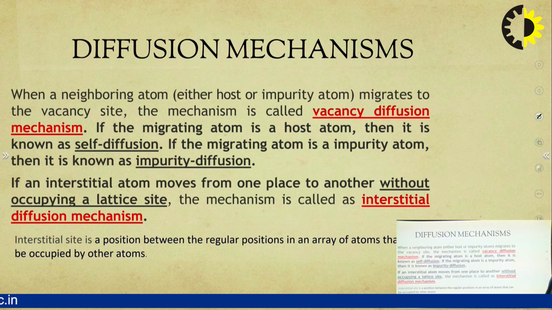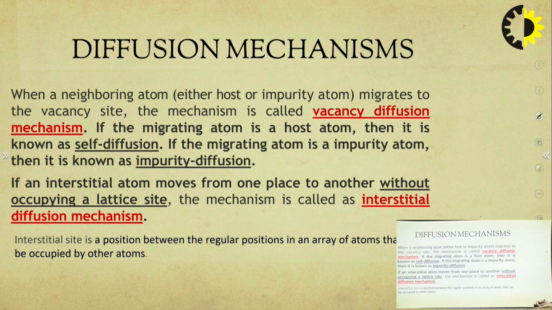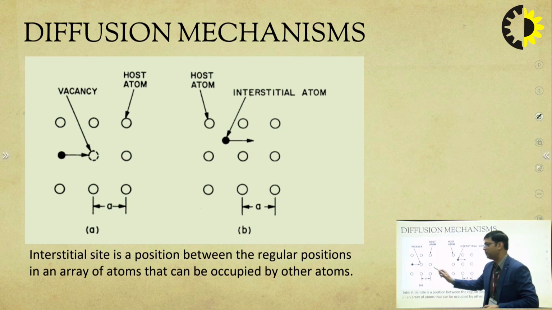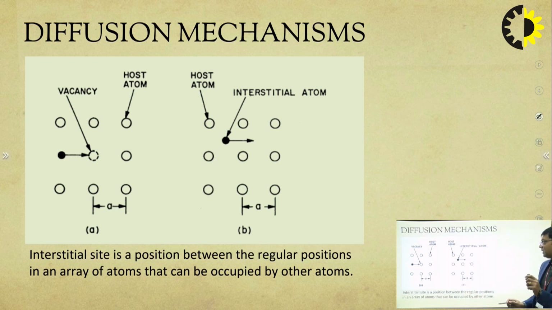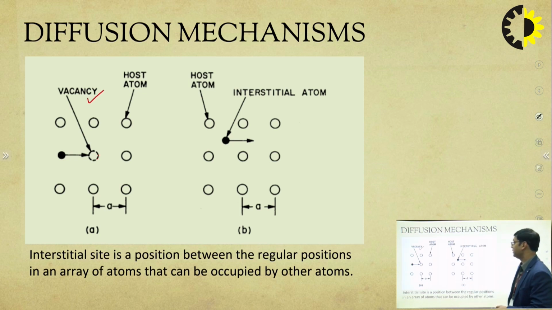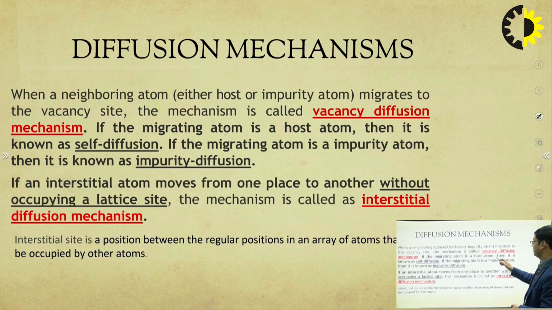Now let us see, if a dopant atom is placed at a regular lattice site by displacing a host atom, then this is known as vacancy diffusion. This is one of the diffusion mechanisms.